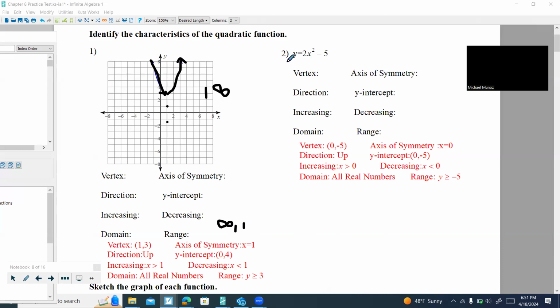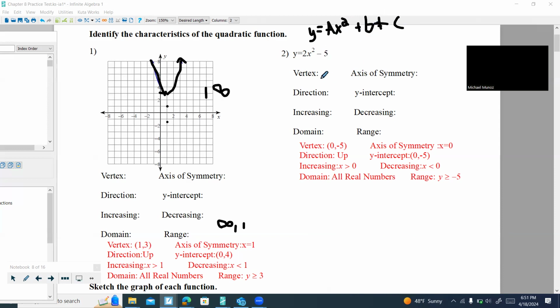When you get to this one, where it's just an equation, the equation's supposed to be y equals ax squared plus bx plus c. And since there's no b on this one, plus c, that means that it's 0 for the b.